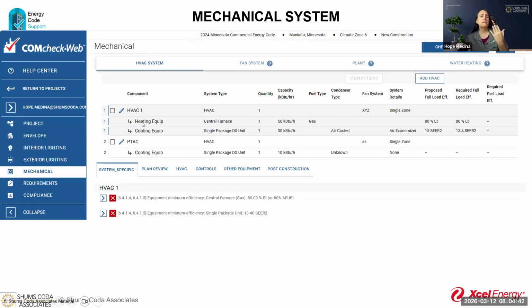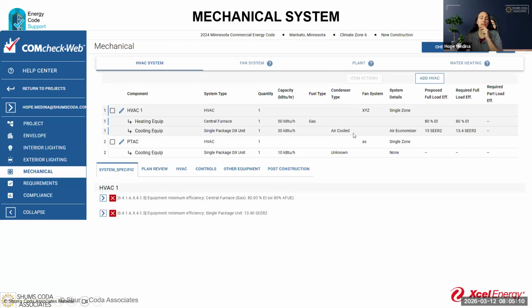HVAC system 1 contains a heating and cooling component. It tells us what type it is: our heating is a central furnace, and our cooling is a single package DX unit. That means, obviously, it has heating and cooling to it. It gives us the capacity for each piece of equipment and the fuel type.